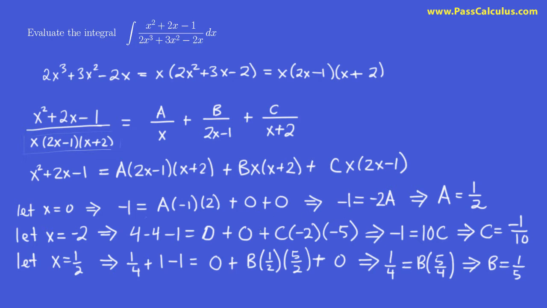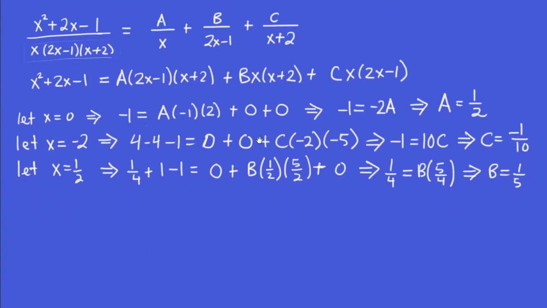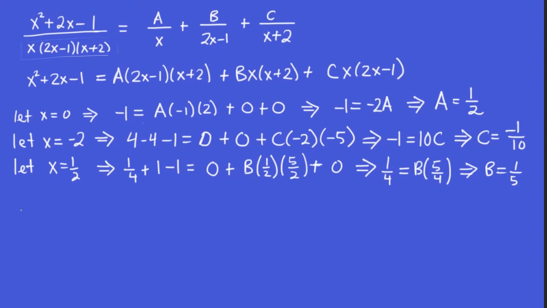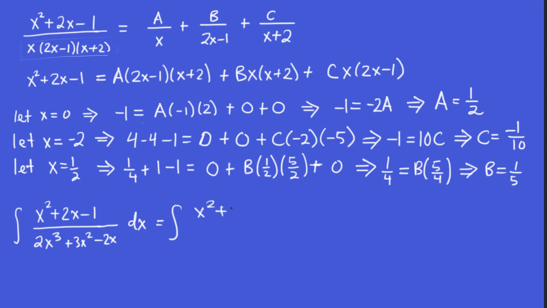And now the integral should be very easy. So remember what the original integral was? It was the integral of x squared plus 2x minus 1 all over 2x cubed plus 3x squared minus 2x, right? That was the question. So what was our first step we did? We first factored the bottom, right?